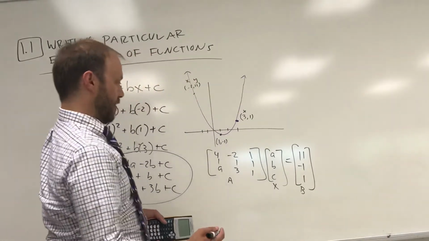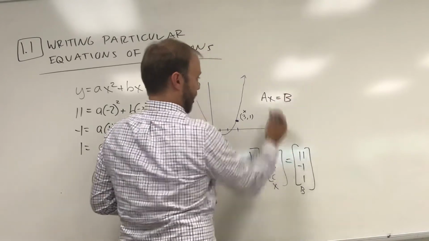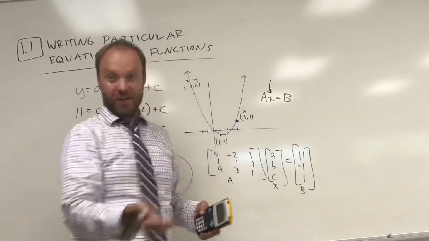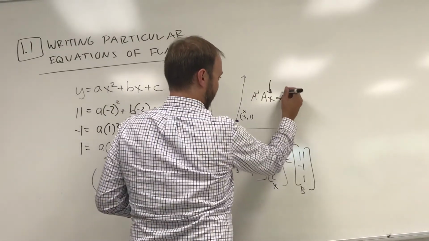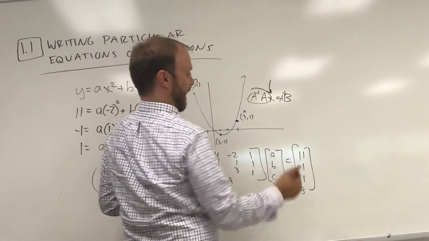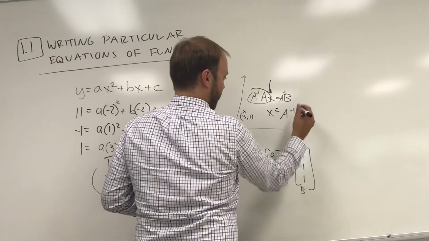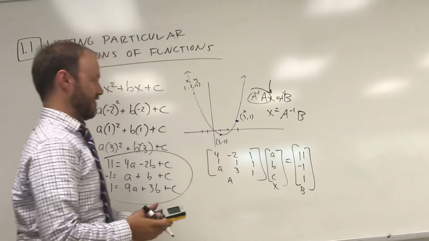If you remember the whole idea here, if you have this equation A times X is equal to B, you're trying to solve for the variable matrix. So I can multiply both sides by the inverse matrix A inverse. The inverse will multiply by the original to give me the identity matrix, which leaves me with just X. I'm really taking the inverse of the coefficient matrix and multiplying it by the answer matrix.